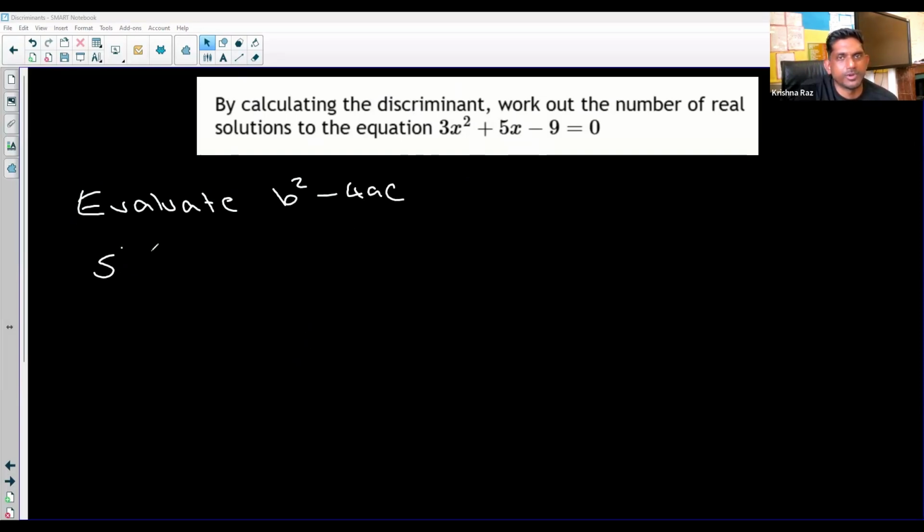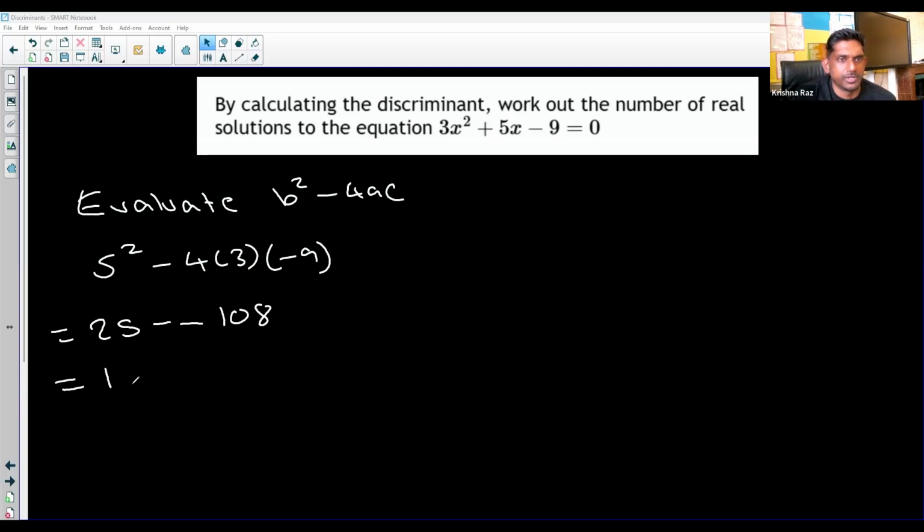So we have 5 squared minus 4 times 3 times minus 9, which equals 25 minus 12 times 9, which equals 133, which is greater than 0.